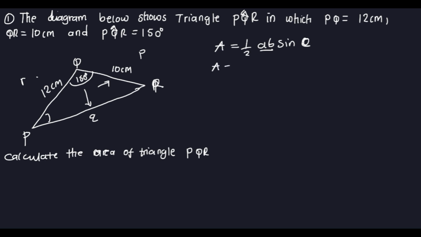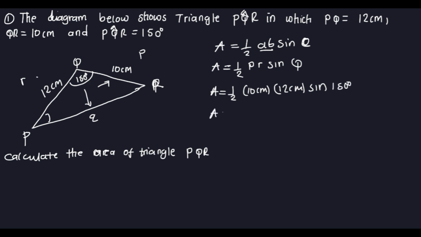So in our case, our formula will be half p r sine Q. So area is equal to half. What's our p? The distance for p is this one, 10 centimeters. For r it is this one, 12 centimeters. Then sine of this angle, so sine 150.